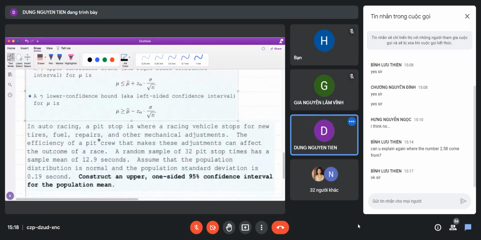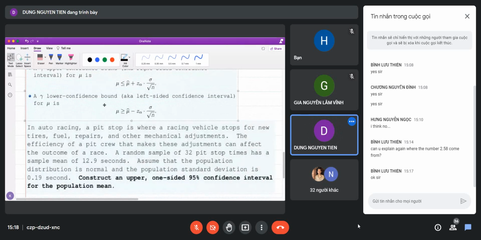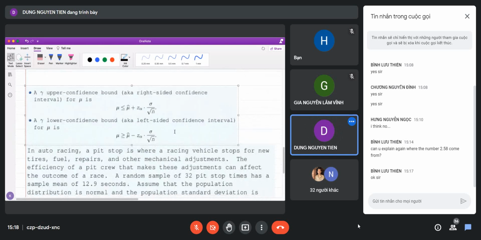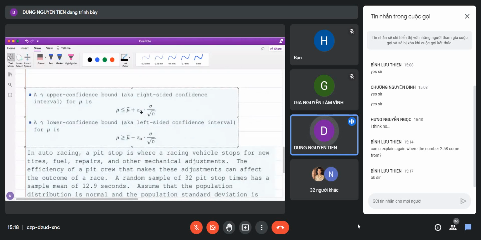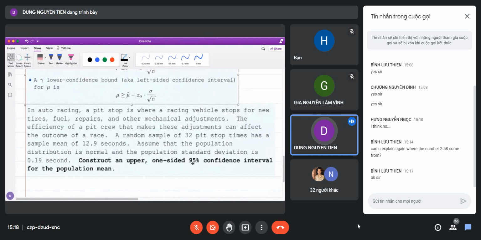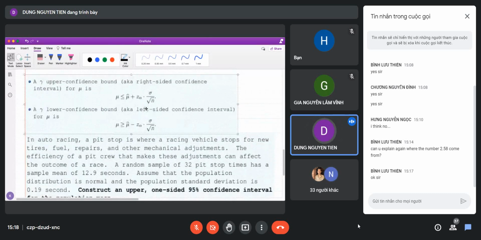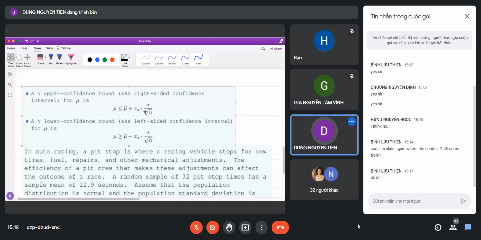So this is the formula for an upper confidence bound, or a so-called right-sided confidence interval. And this is for the left-sided confidence interval. Now you want to get an upper one-sided 95% confidence interval. It means that you want the right-sided confidence interval, right? You want to use this formula. Can you tell me? Think about that for a minute and tell me your answer.